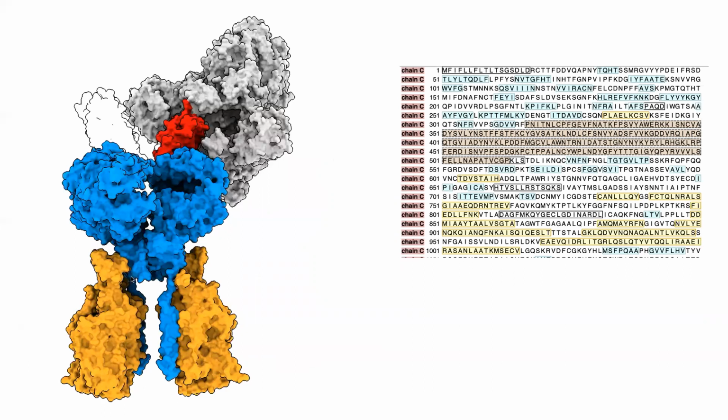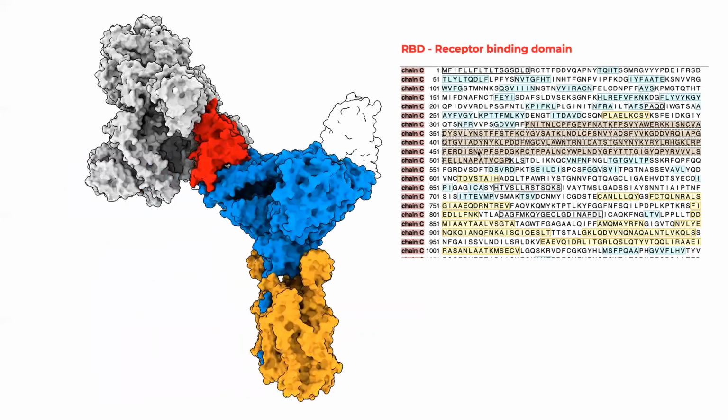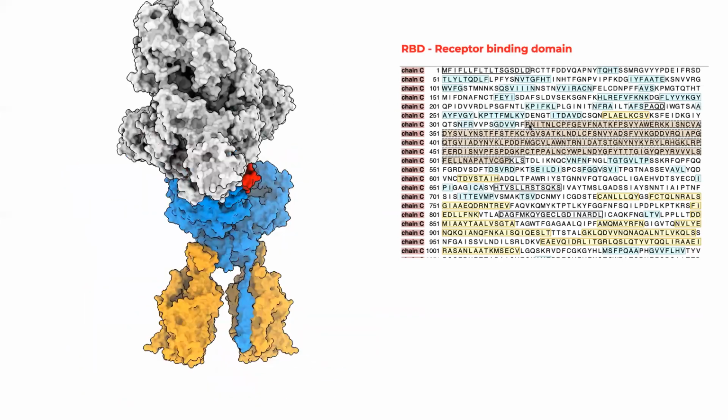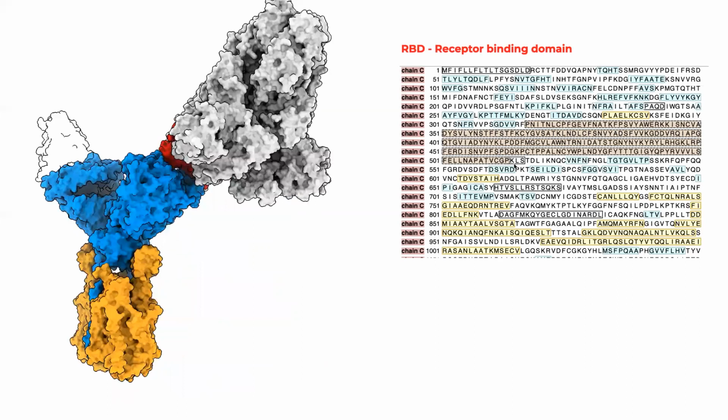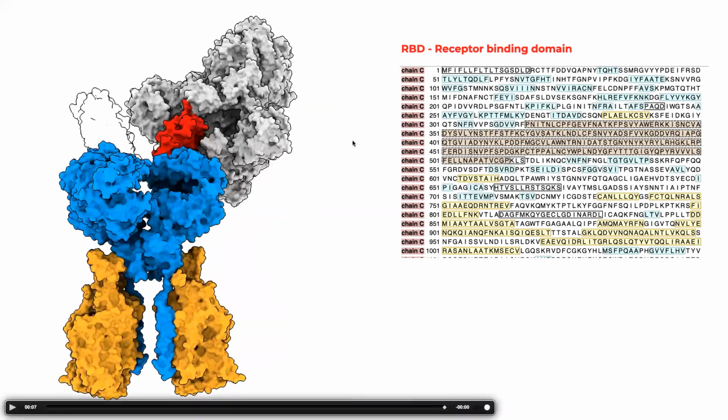One of the first things that we can do to study this is to try and connect the spike glycoprotein model together with this ACE2 receptor model and identify what we see right here, the receptor binding domain, which is highlighted between these positions, this region.